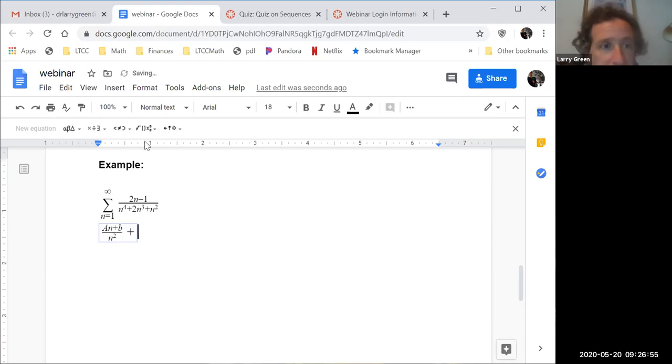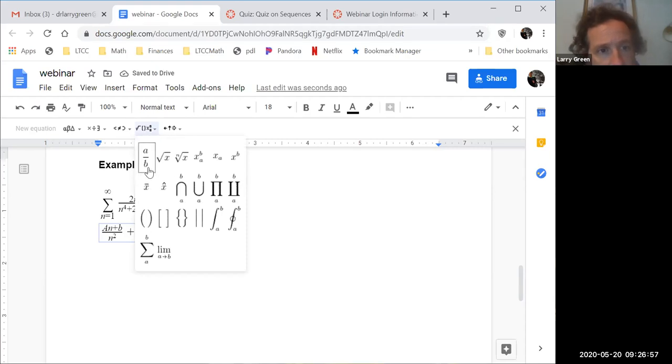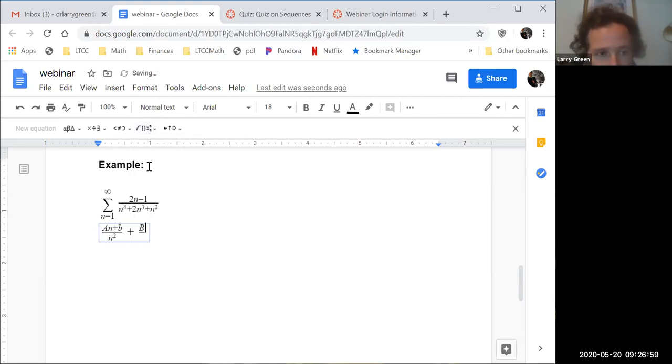So plus a fraction, Cn plus D, over n plus 1 squared. That B should probably be capital B. Do you remember doing this?